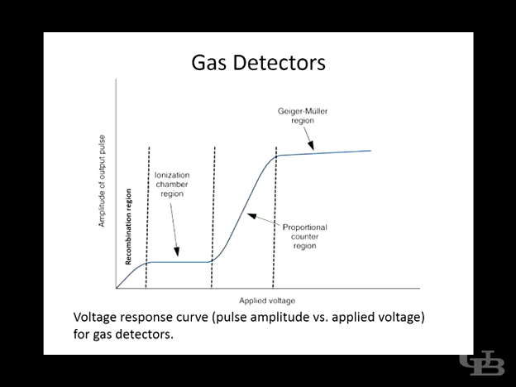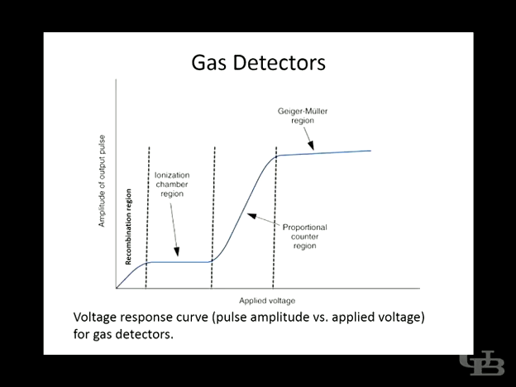If you increase the voltage more and make the electric field stronger, now the charged particles, let's say electrons, will gain momentum and hit another electron in the gas and produce another ionization. So you get another charge. This will create a magnification of your electric current.